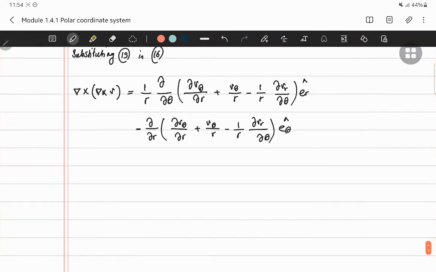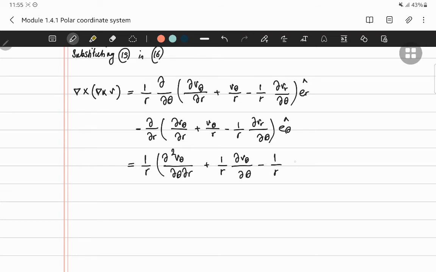Great. So if we simplify this, we get 1 divided by r. So this becomes second partial derivative of v theta with respect to theta and r plus 1 divided by r, because here we only have v theta, which is a function of theta. Great.